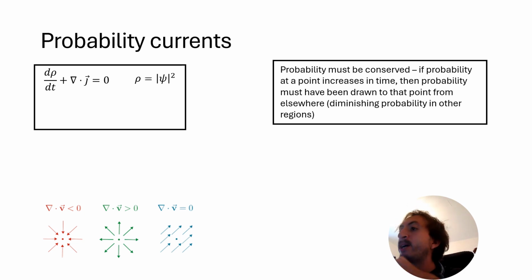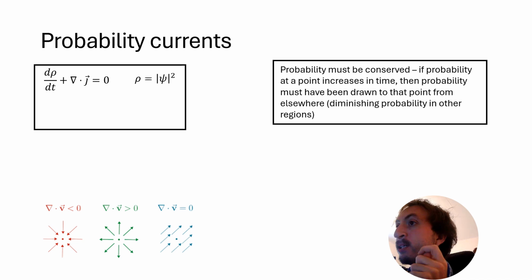But to bring it back to quantum mechanics, in quantum mechanics, charge is not necessarily considered a conserved quantity. Actually, it turns out charge will be, for reasons we'll look at later in this playlist, but we can't take that as a given at the moment. But a conserved quantity we can take as given is probability.